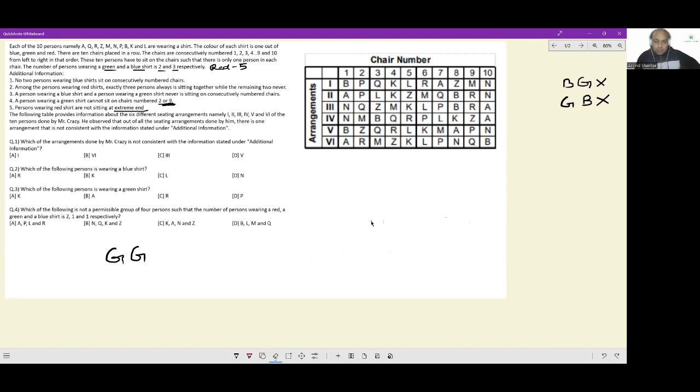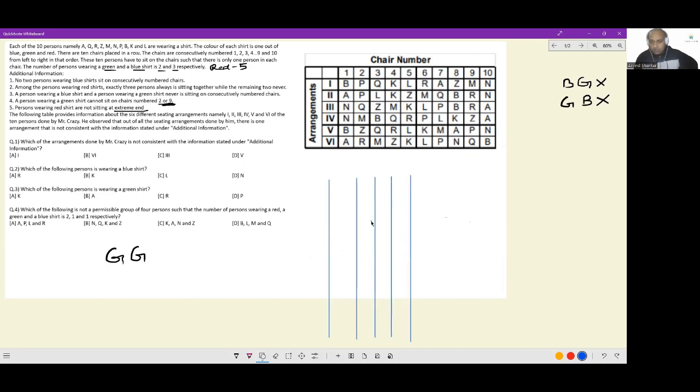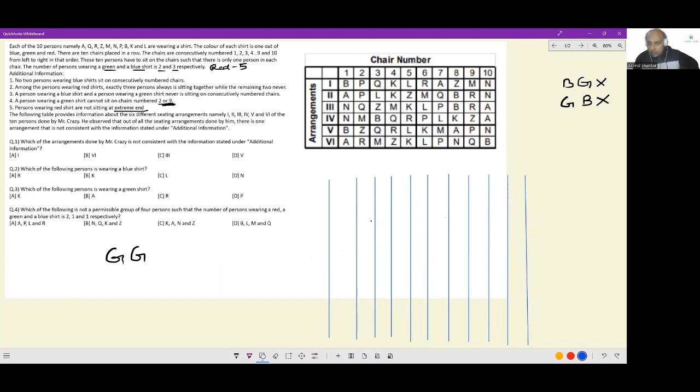So instead of randomly making storylines, what I will do is I will create 10 spaces and then try to fill up things. I have 1, 2, 3, 4, 5, 6, 7, 8, 9, and 10.